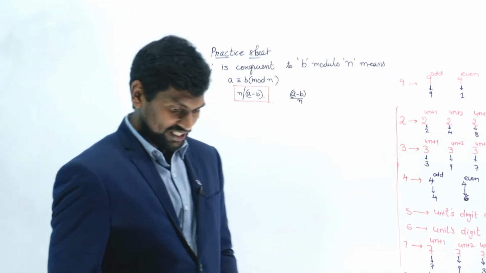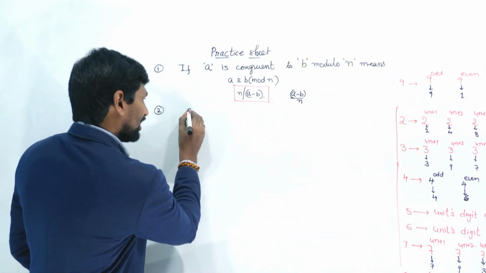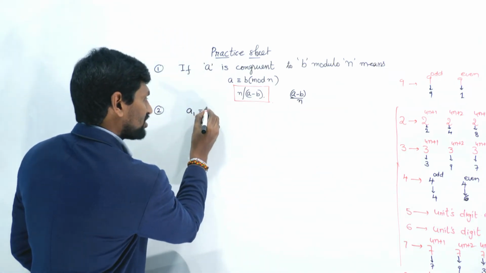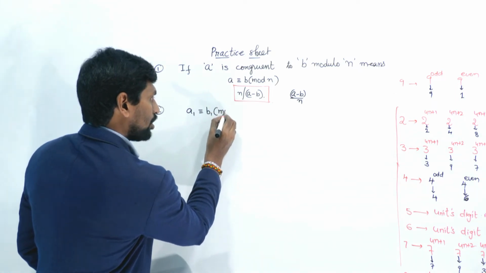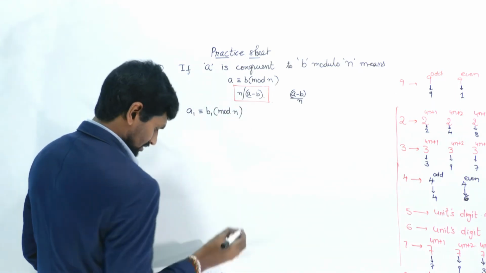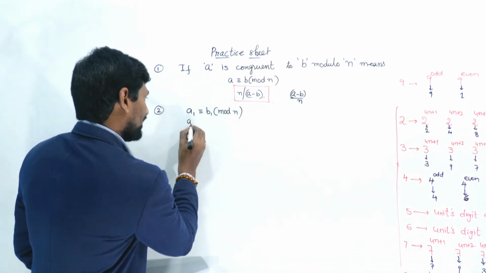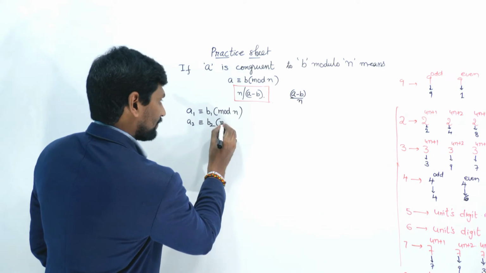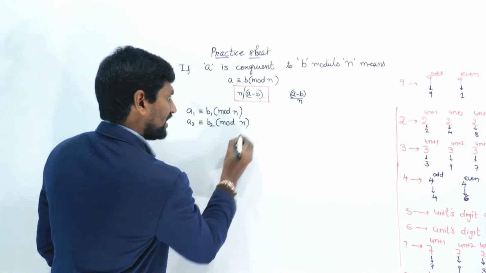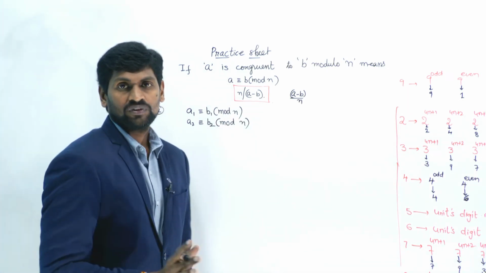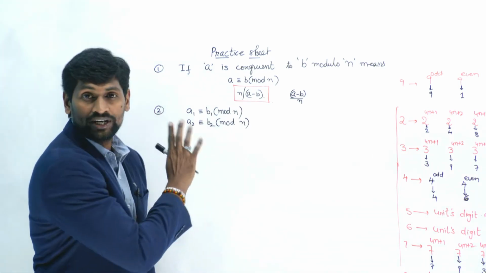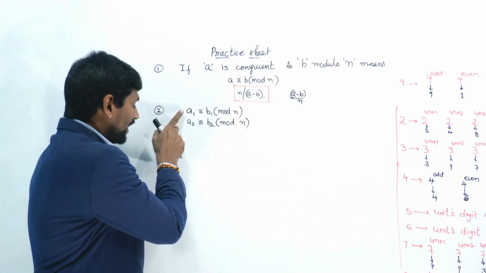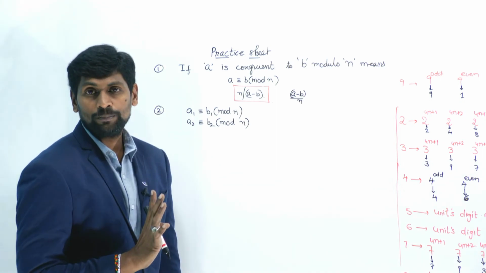Now let us go to the second one. There are two congruences given: A1 is congruent to B1 mod n and A2 is congruent to B2 mod n. Which of the following is the correct option? If you have two congruences like this, we can apply four arithmetical operations between them.